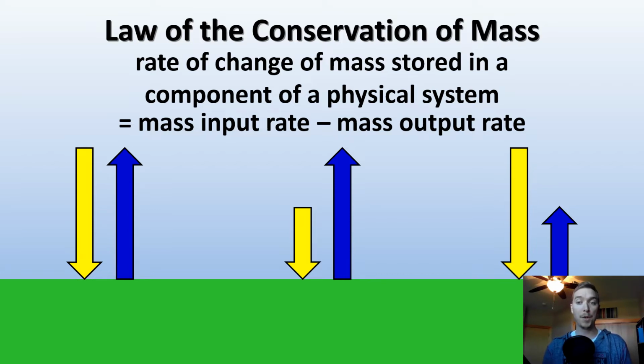The carbon atom changes from a solid structure to a gas, but its mass does not change. The rate of change is the mass input rate minus the mass output rate. So basically we're looking at how much is coming in and how much is going out. There's a conservation, so there might be storages or deficits, but mass is always conserved.